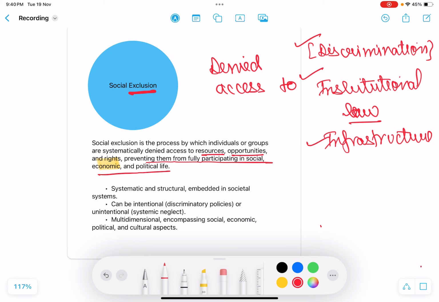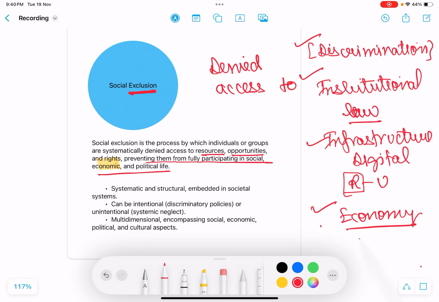Or let's just say one kind of infrastructure, we could say digital, right? So there could be a digital divide between rural areas and urban areas, and people in rural areas may find themselves more excluded, right? So exclusion can be a result of discrimination, can be institutional, can be based on infrastructure, can be based on how the economy works.